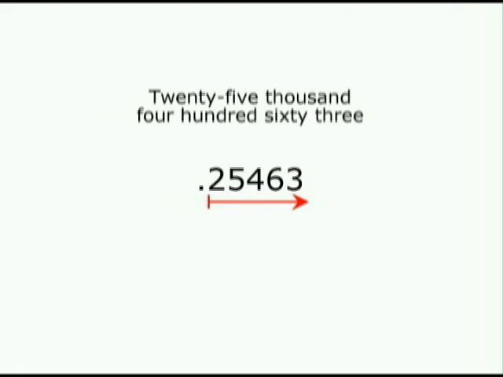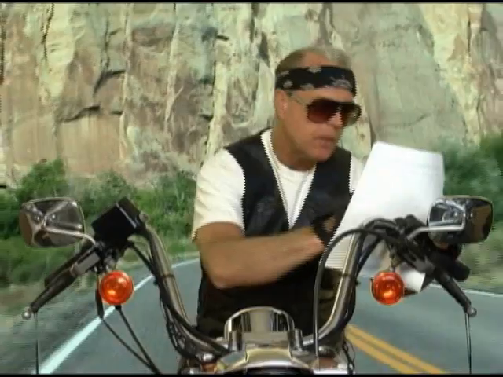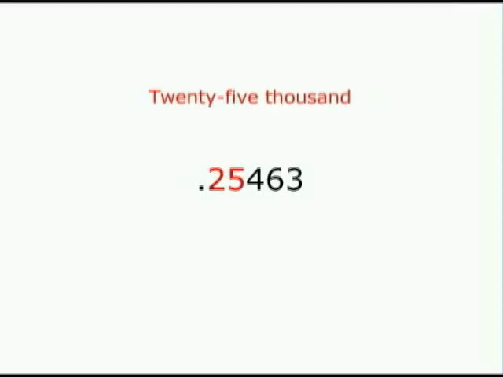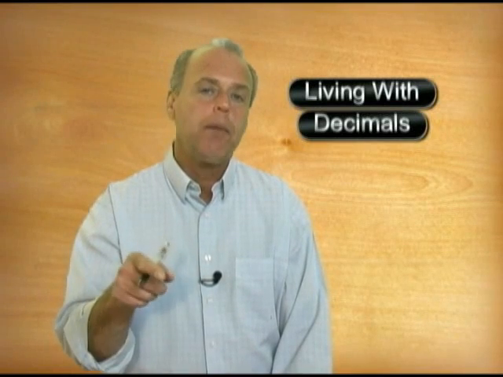If you were to stop there, everyone would think you're talking about a whole number. 100,000ths. Let me try this from the beginning. 25,463 100,000ths. Is that right? Yes, it is.